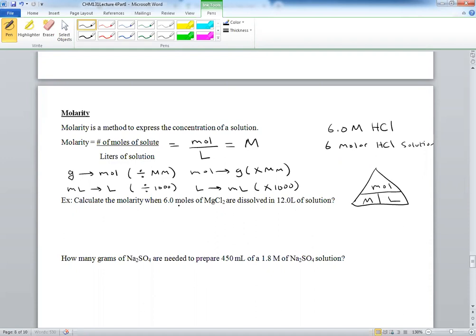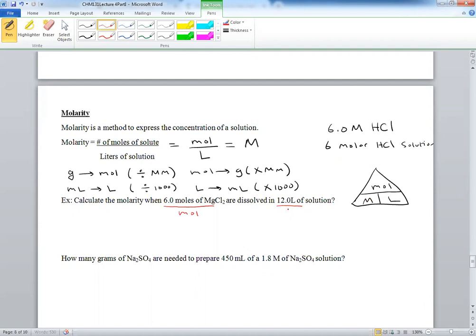Calculate the molarity when 6 moles of magnesium chloride are dissolved in a 12-liter solution. What does that tell you? That you have the moles, and of course, this is 12 liters.